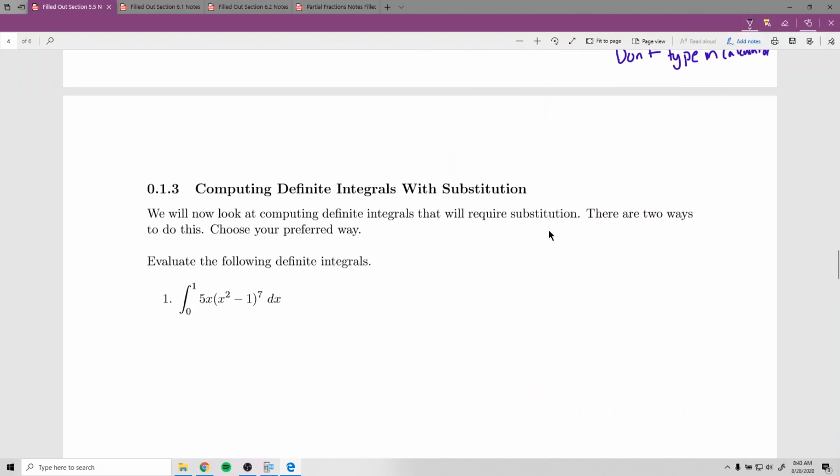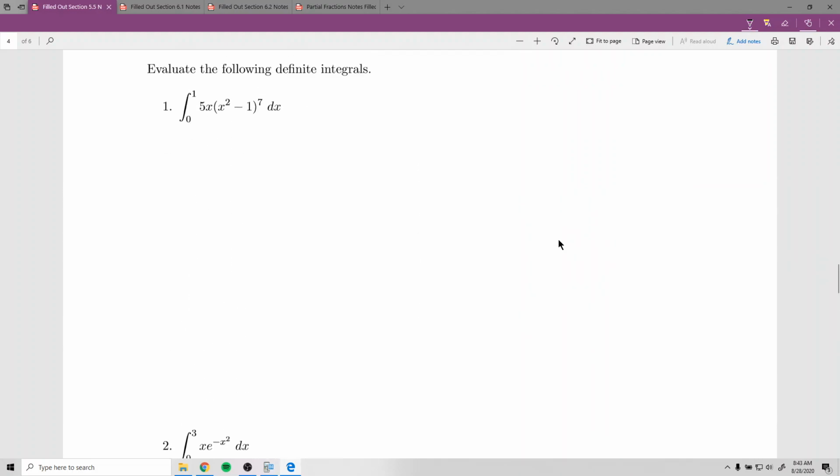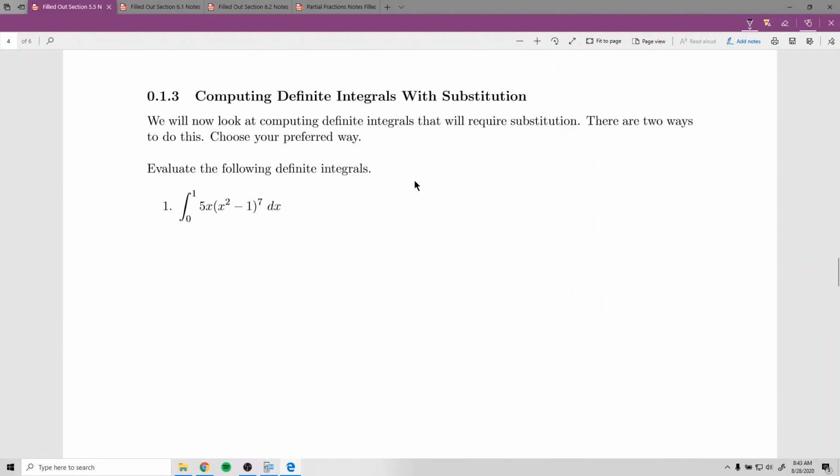Right, so the next little section, I believe I only have 2 because we only have 2 here. Computing definite integrals with substitution. This is really just going to be the same as before when we did substitution. Like I mentioned here, when you do substitution, there's 2 ways.